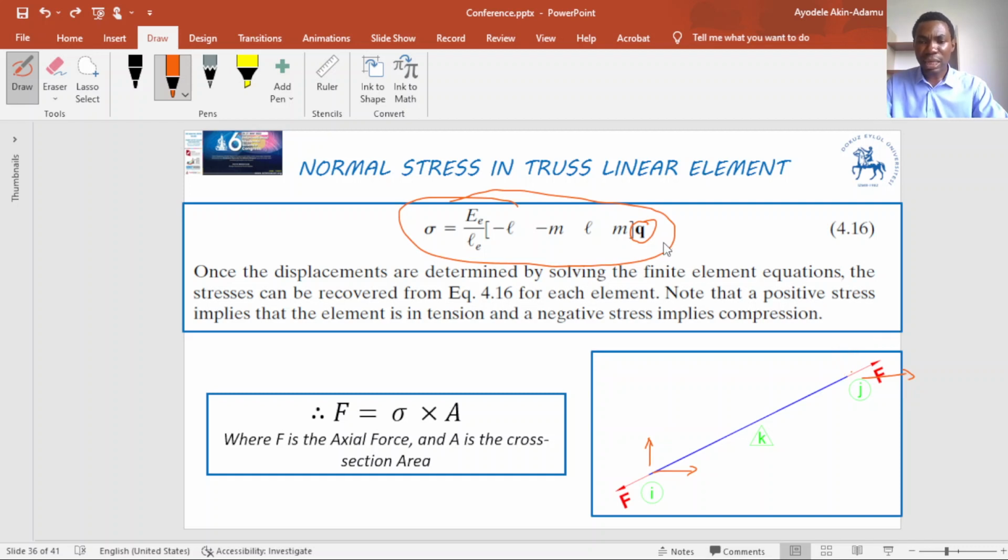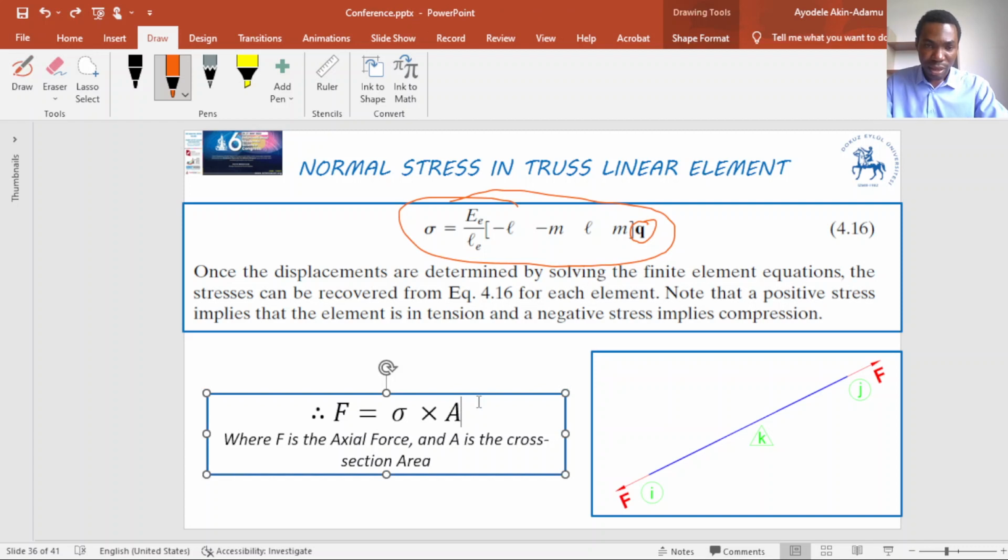If you are not interested in the normal stress in the Truss element, but rather the axial force, you can multiply this stress value by the cross-sectional area of the element, which is what is denoted here.